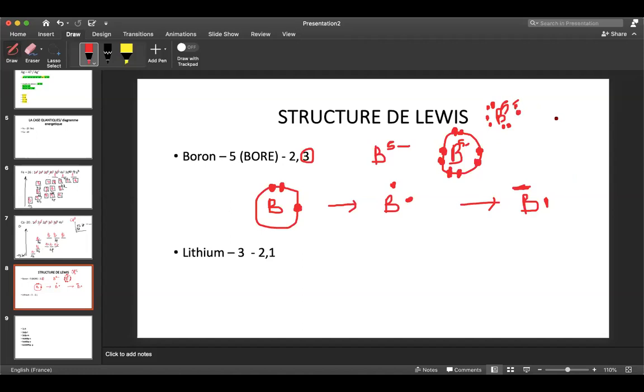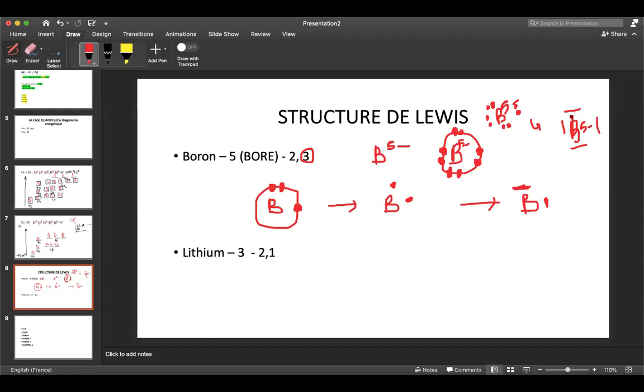Then how they also represent it here, for the double liaisons, they just draw a dash like that, a dash like that, a dash like that, and a dash.